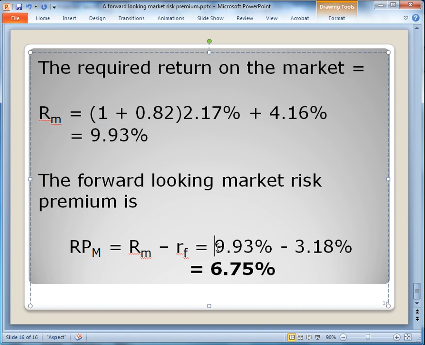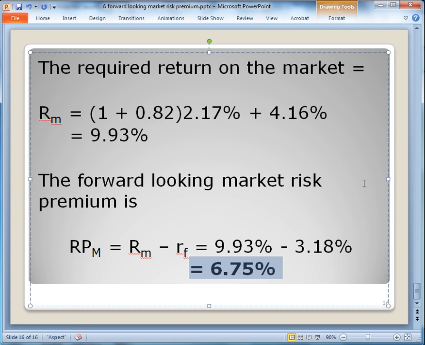We subtract the Treasury bond yield, the long-term risk-free rate, of 3.18%, and that gives us a market risk premium of 6.75% as of the middle of February 2013, based on market-determined information.